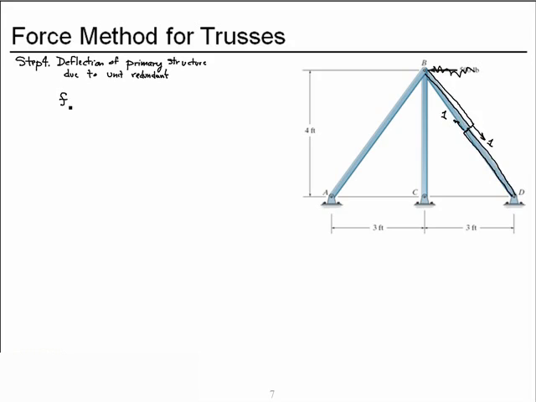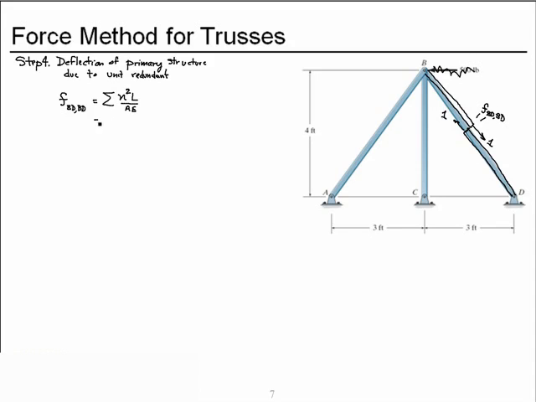So to calculate our flexibility coefficient, or our overlap, f_BD,BD, we need only sum the virtual axial forces or virtual normal forces squared times the length of each member over AE.